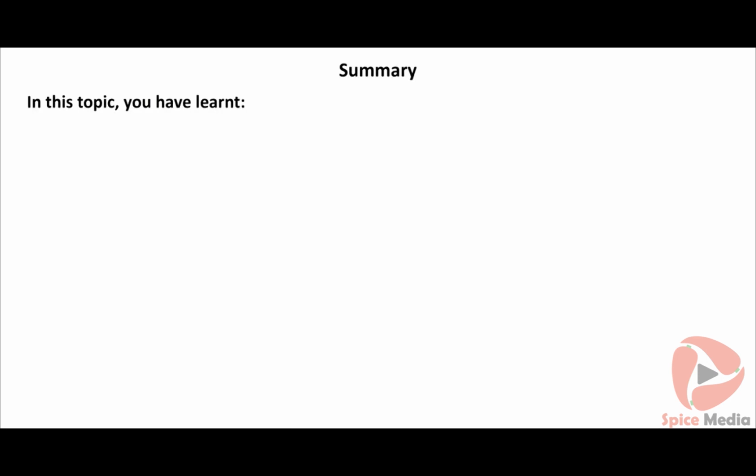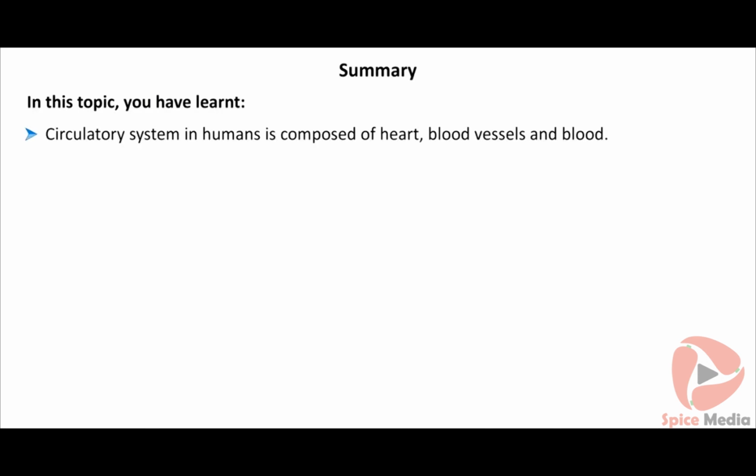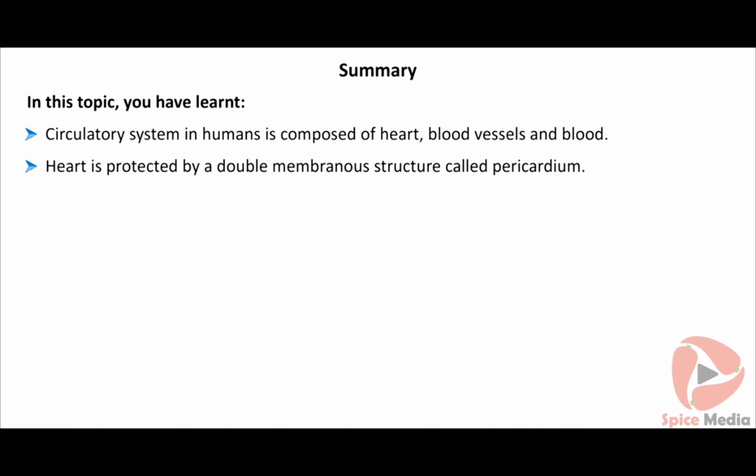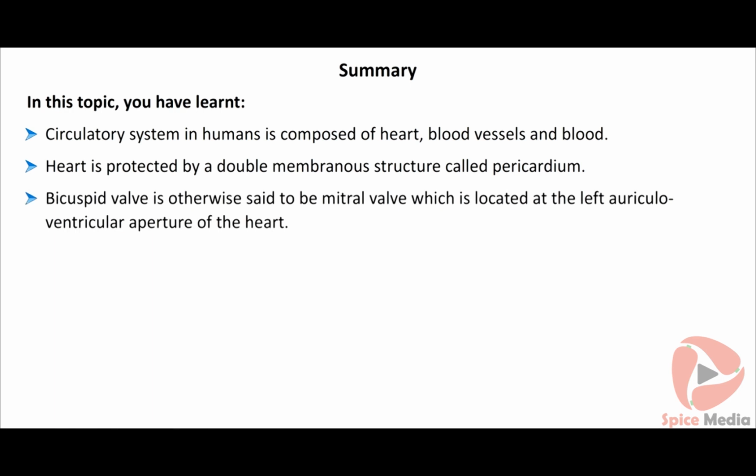In this topic you have learnt, the circulatory system in humans is composed of heart, blood vessels and blood. The heart is protected by a double membranous structure called pericardium. The bicuspid valve is otherwise said to be the mitral valve, which is located at the left auriculoventricular aperture of the heart.